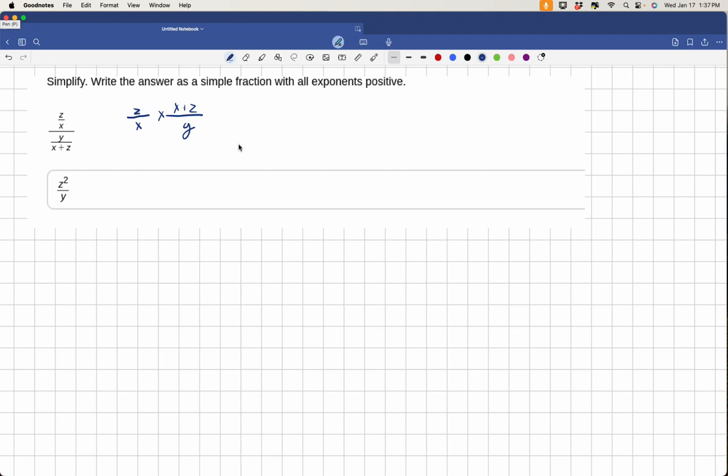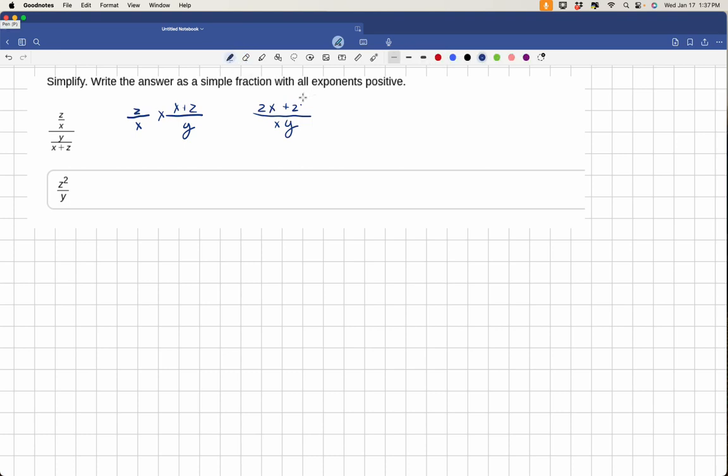So we get z times x is zx, and z times z, this will be plus z squared, over x times y, which is xy. That's all we can do. That is the problem right there. So remember to make this a 2, not a z.